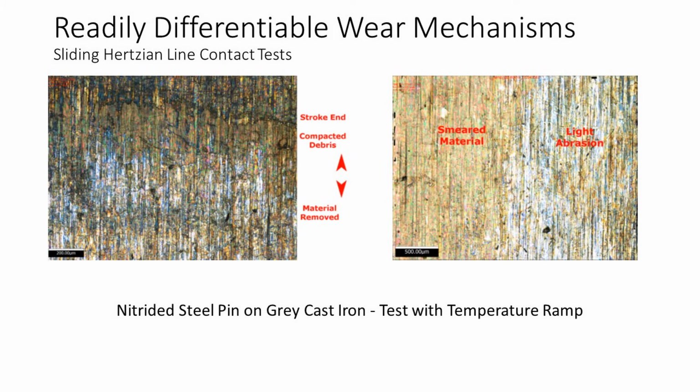To illustrate how much more information can be acquired from a sliding line contact test at sensible overlap parameters as opposed to sliding Hertzian point contact tests, consider the following examples. These two tests use the same specimens, running in process, test load, reciprocating frequency, and stroke, which was 25 millimeters.